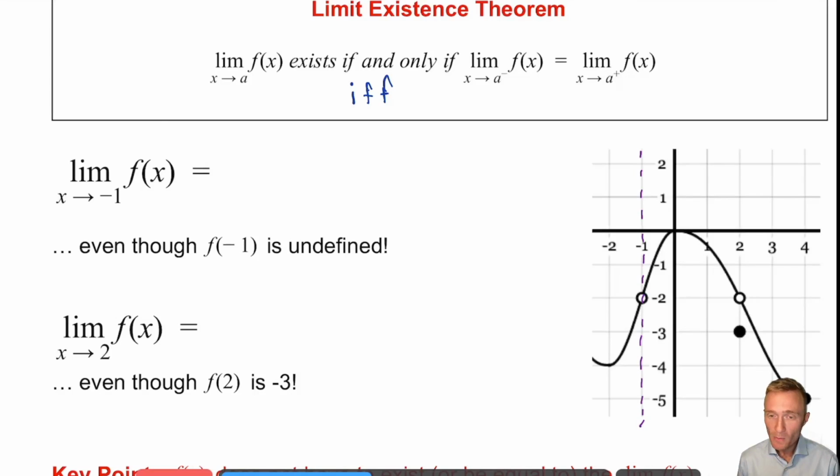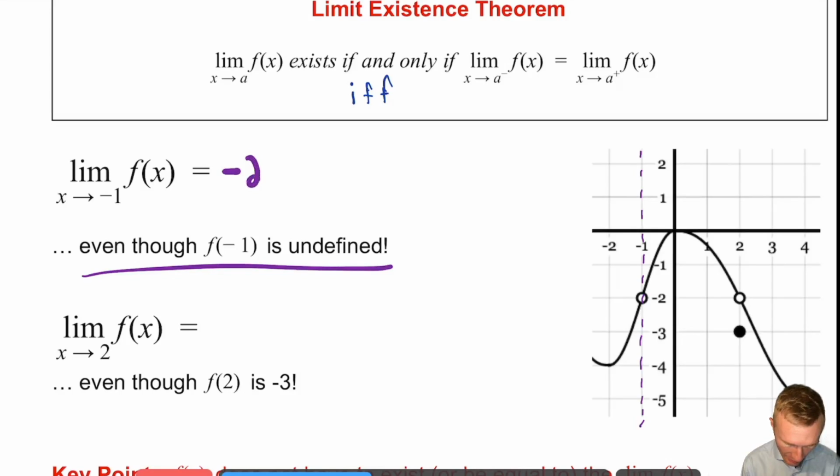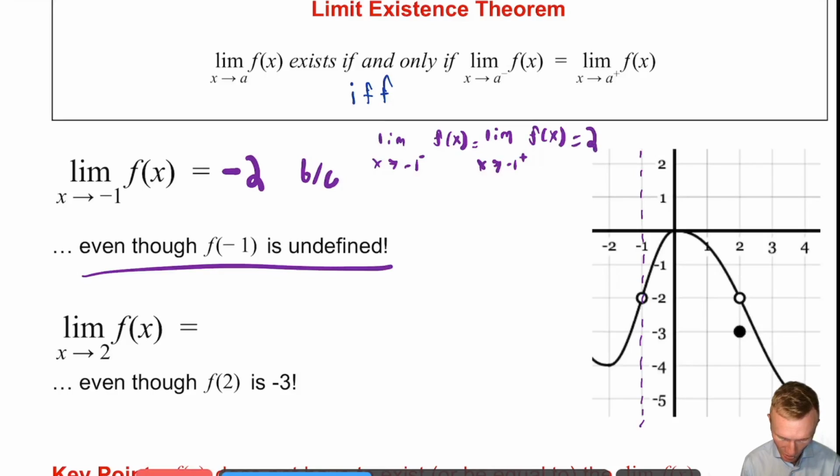And it turns out that even though f of negative 1 is undefined, the limit as x approaches negative 1 is negative 2. And if I asked you to justify that statement, you'd say, because the limit as x approaches negative 1 from the left of f of x equals the limit as x approaches negative 1 from the right of f of x equals negative 2.